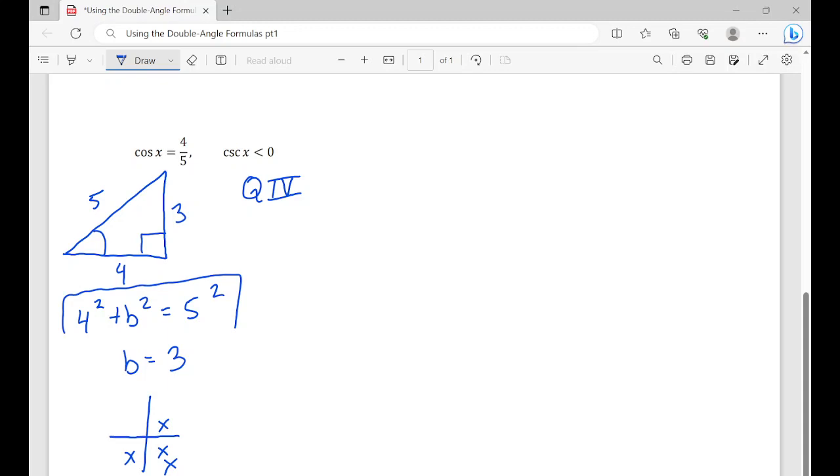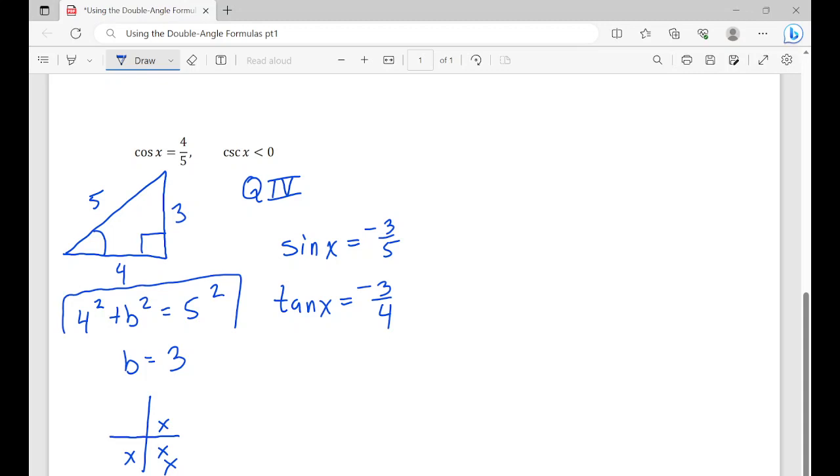Now I need to find out my sine and tangent, because I only have cosine. So sine x is opposite over hypotenuse, 3/5, and then tangent x is going to be opposite over adjacent, 3/4. And since I am in quadrant 4, sine is negative and tangent is also negative, cosine is positive.